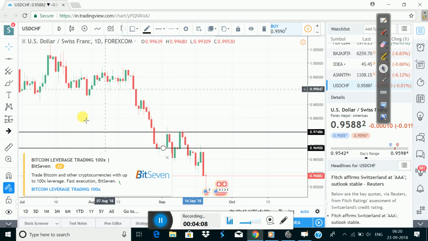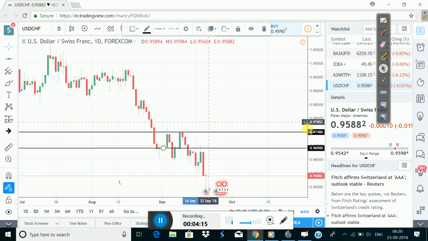You can clearly see that the market broke down with a big candle. The market broke down the support level with a big candle, but it immediately came up, indicating this as a false breakout.